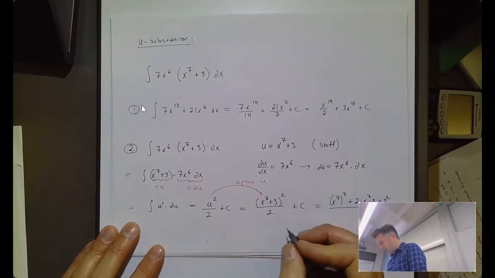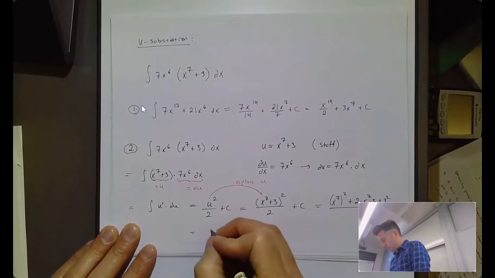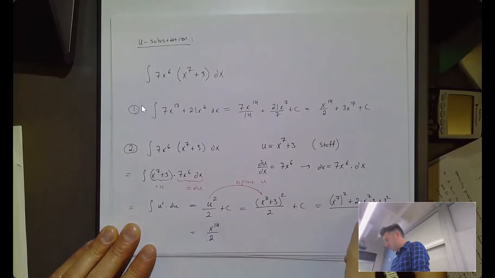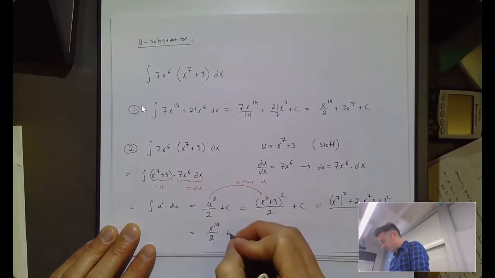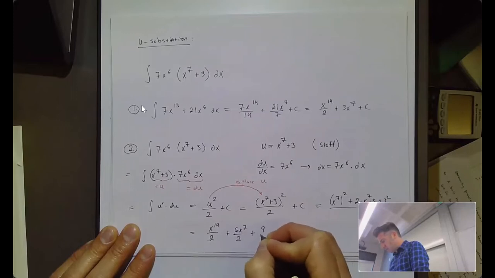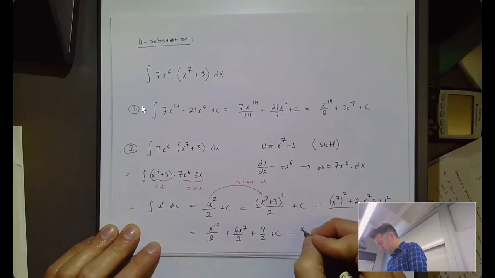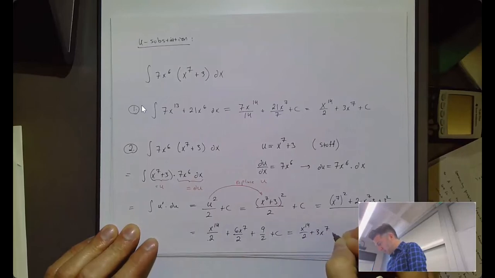Simplifying, x to the 7th squared is x to the 14th over 2. 2 times x to the 7th times 3 is 6x to the 7th over 2. And then I've got a 9 over 2. So it's almost the same. It's x to the 14th over 2 plus 3x to the 7th plus 9 halves plus a constant.